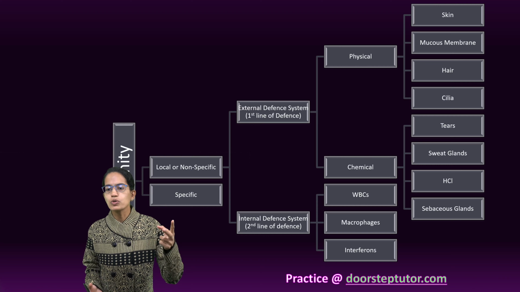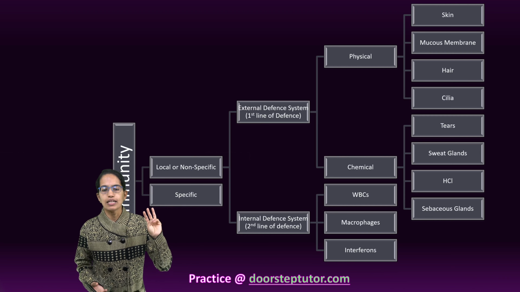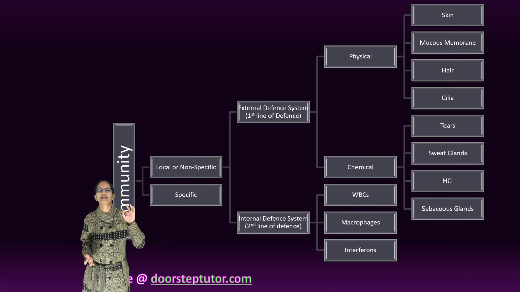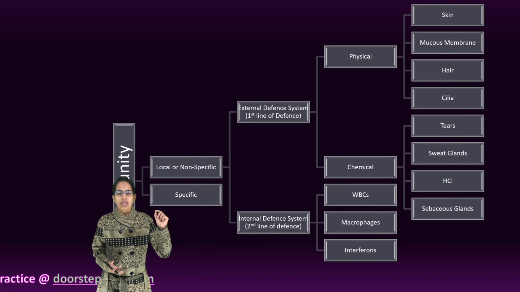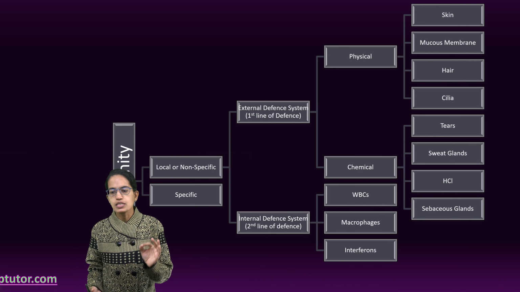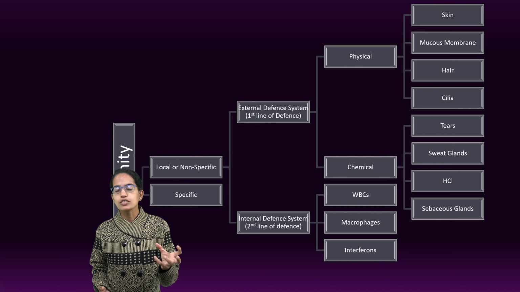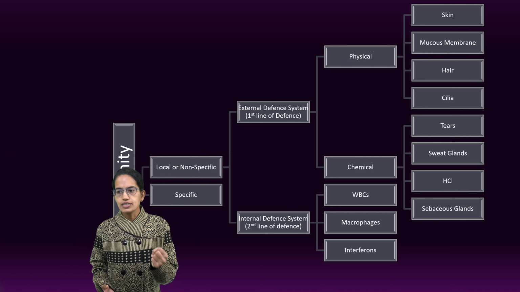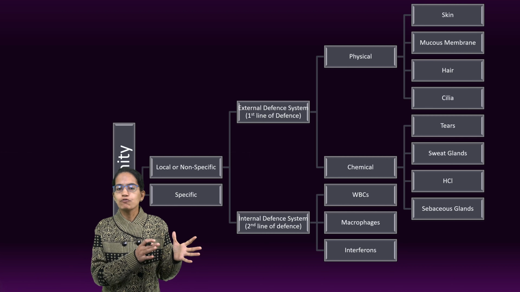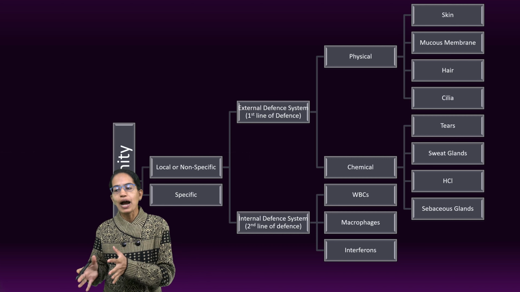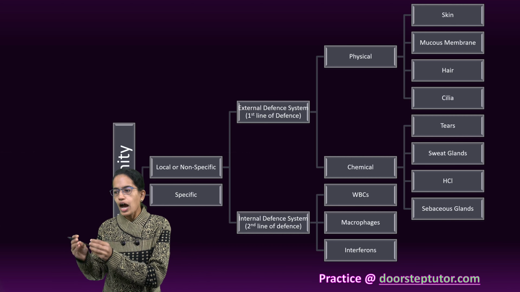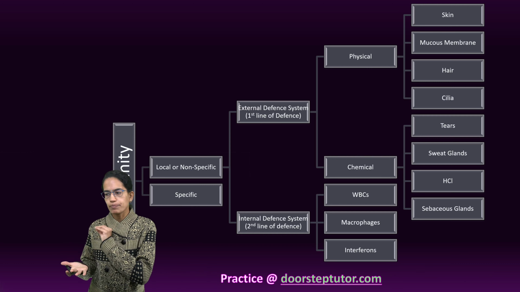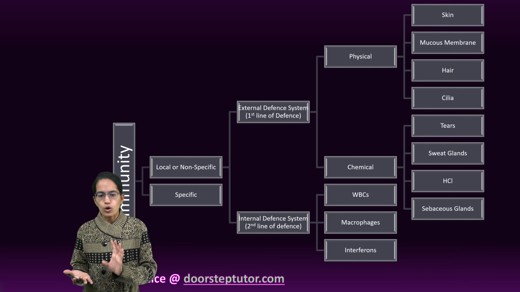So, skin, mucous membrane, hair and cilia are classic examples of physical first line of defense. Under the chemical first line of defense, there are sweat glands, oil glands, tears, hydrochloric acid from the gastric juice, similarly bile from the hepatic juice, which destroy the bacteria that enter the stomach or the gut.